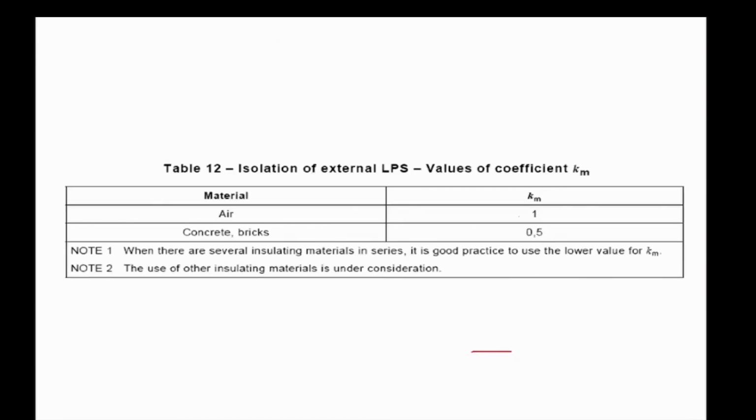And Km, due to scientific limitations, is defined only for air and concrete at the moment. Km depends on the material in between the lightning current path, that is a down conductor, and the object to which there can be an arcing from the down conductor. So for air it is 1, for concrete 0.5.